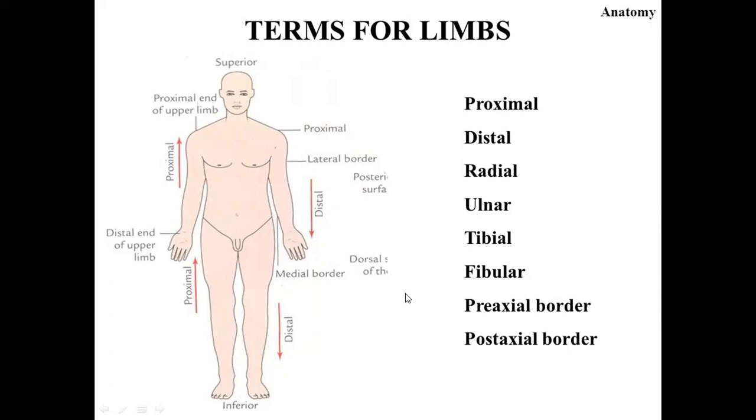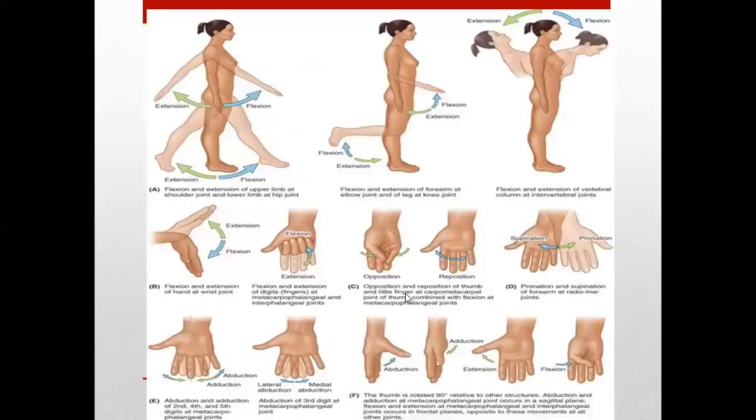Tibial, fibular, preaxial border, postaxial border. Okay, so these are the movements. If we take our arm in front like this, this is the flexion of the arm. And if we take our arm back like this, this is the extension of the arm.